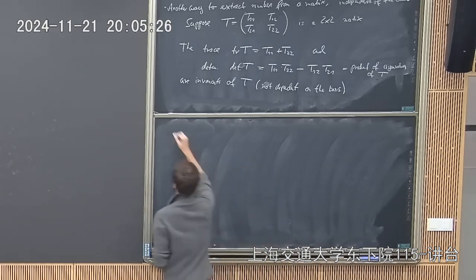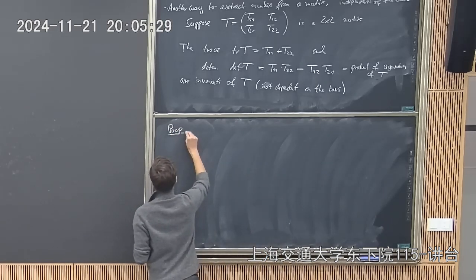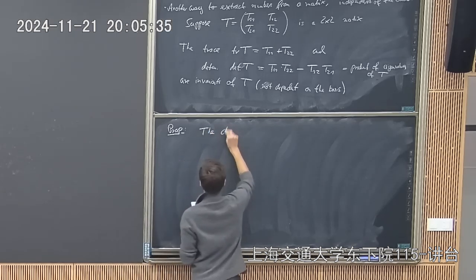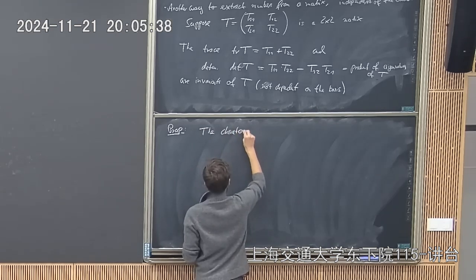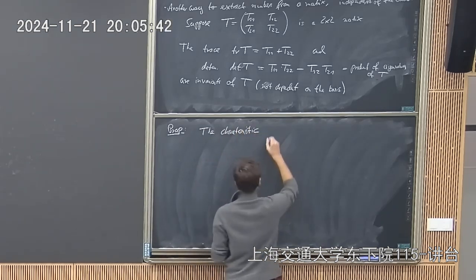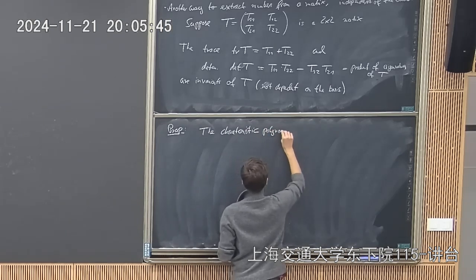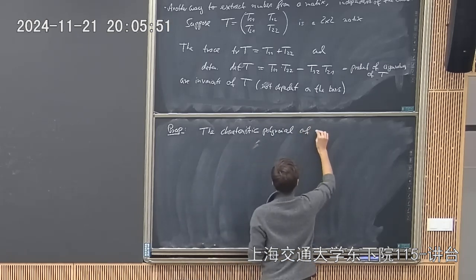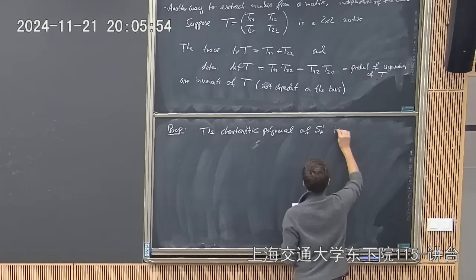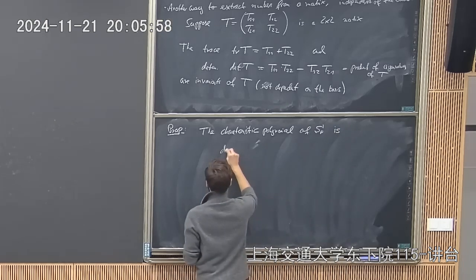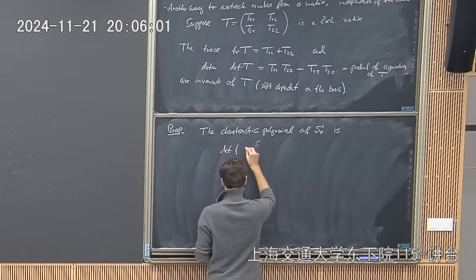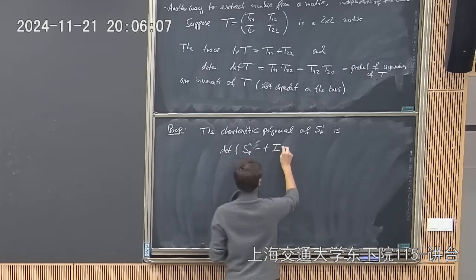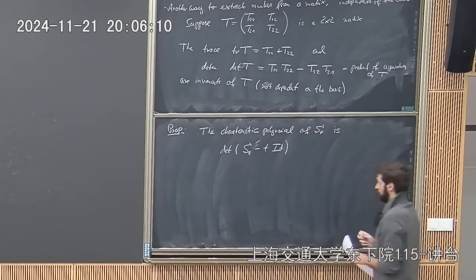We have the following proposition. It would be the characteristic polynomial, which is given by, S of P. The characteristic polynomial is by definition, if you have an operator, you take S of P minus T times the identity operator, and then you take the determinant.